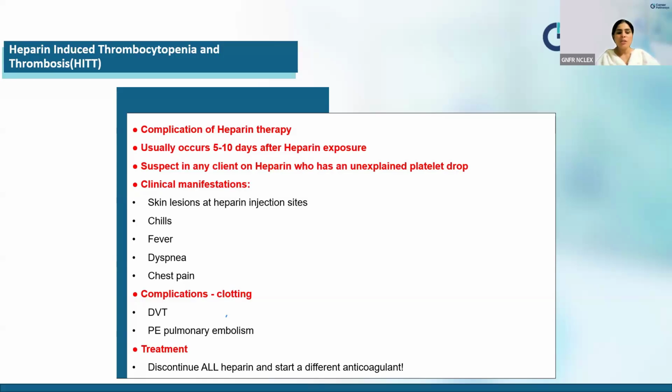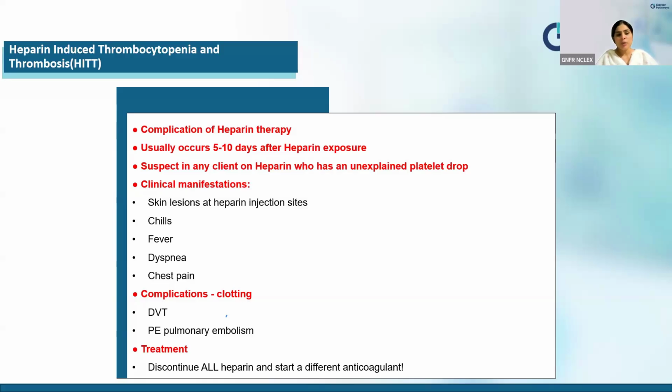The patient may also feel chills, fever, and in some patients we can see dizziness and chest pain. These are the clinical manifestations. Some complications will be there, like DVT, deep vein thrombosis, and pulmonary embolism.